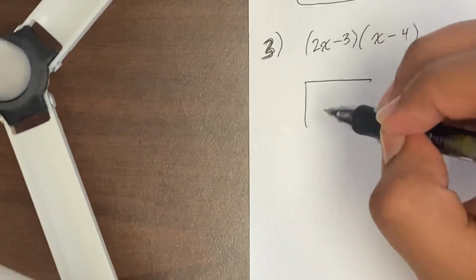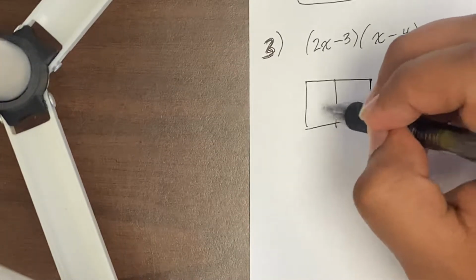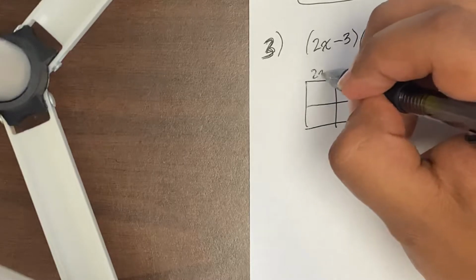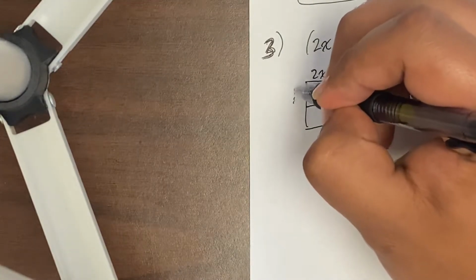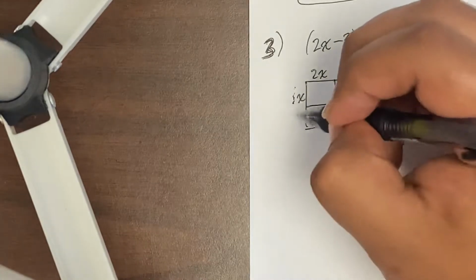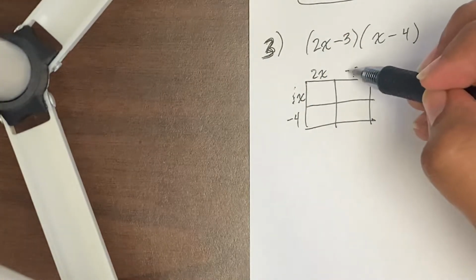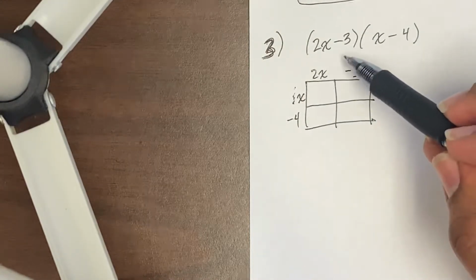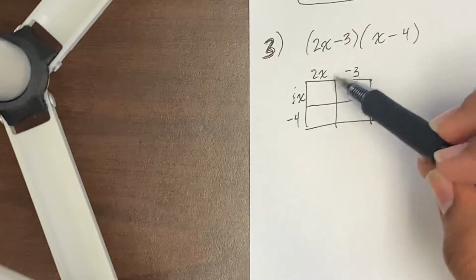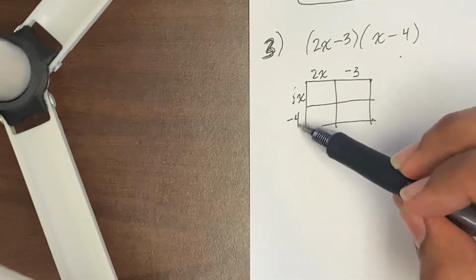Box. 2x on top with the minus 3 right there. Imaginary 1x minus 4. I'm saying minus, but we need to make sure we can differentiate between the differences when I bring this out to negative 3, when I bring this out to negative 4, okay?